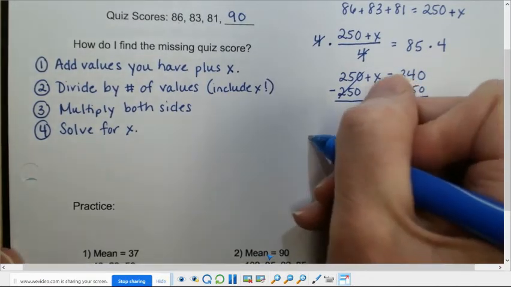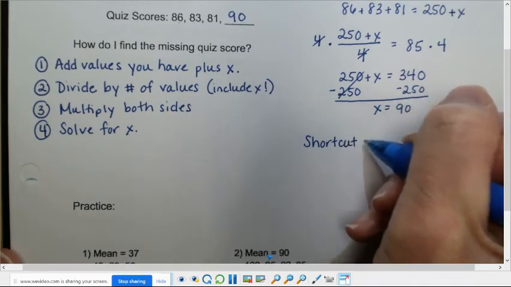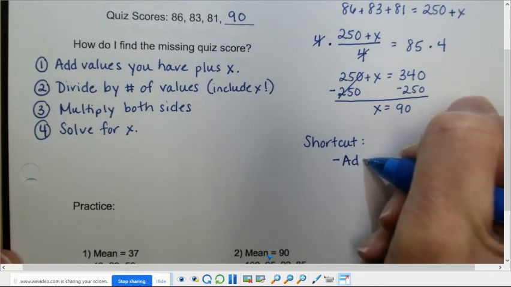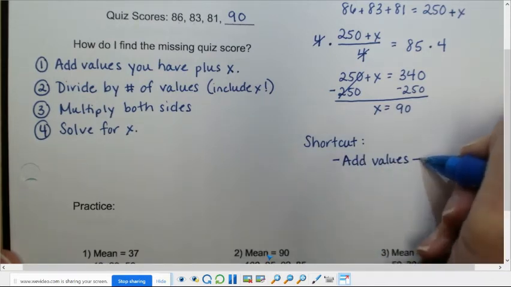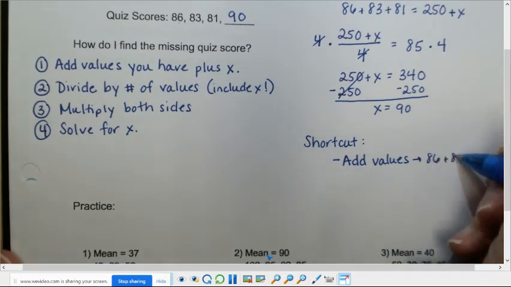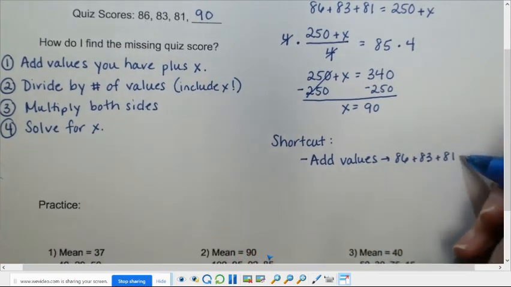Now I'm going to show you a little shortcut to do these. The first step is to add my values that I'm given. That looks like my 86 plus 83 plus 81, which we already said is 250.